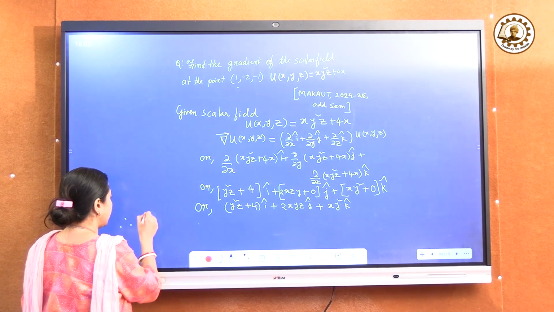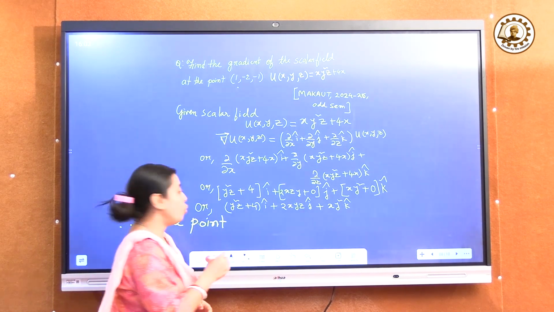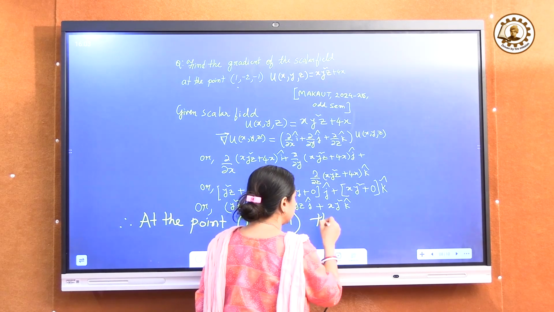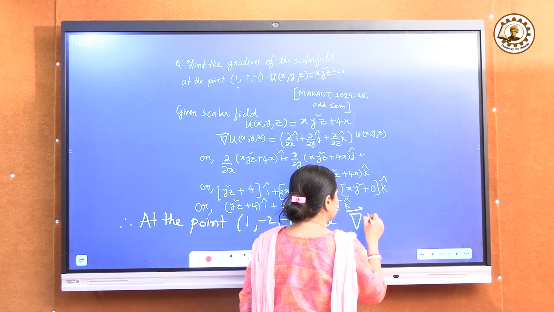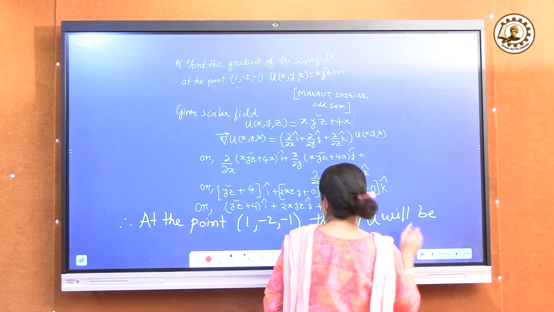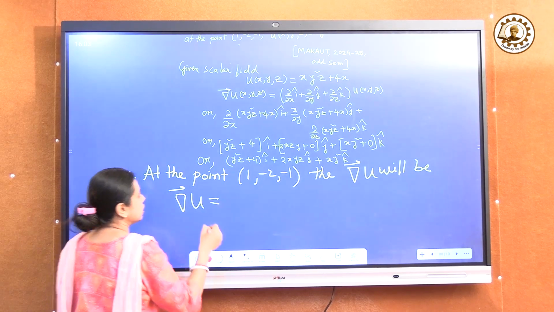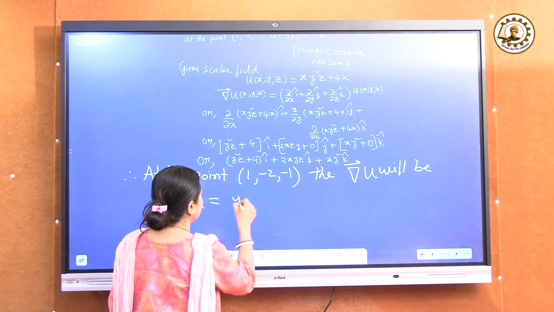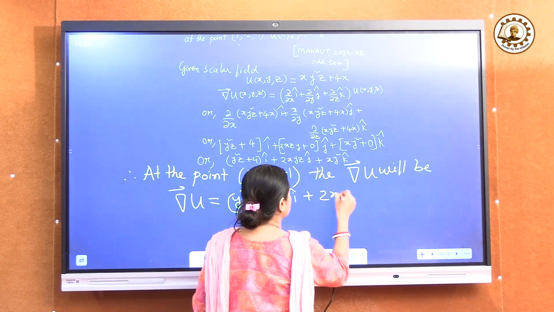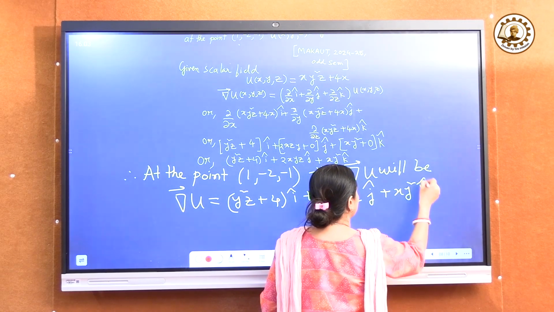So therefore, at the point (1, -2, -1), the gradient of U, let us write this again: (y square z plus 4) i cap plus 2x y z j cap plus x y square k cap.